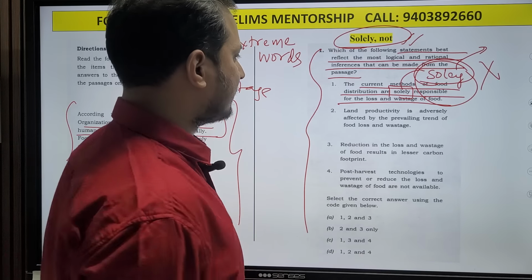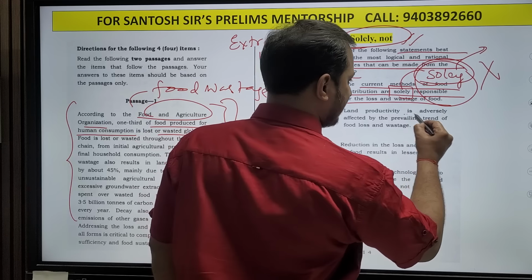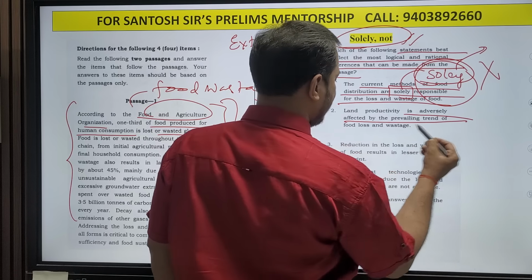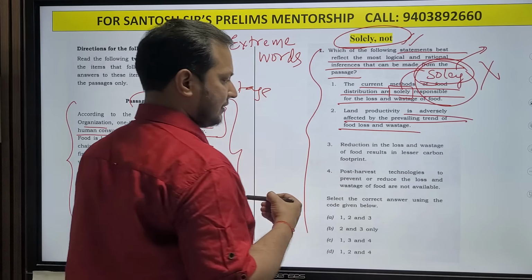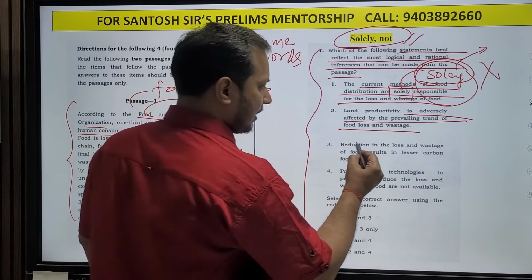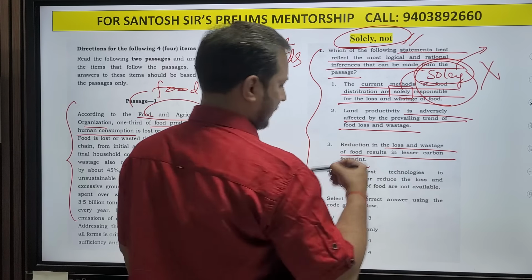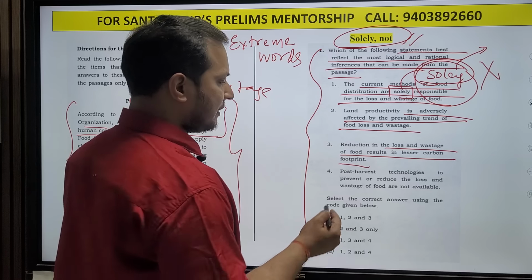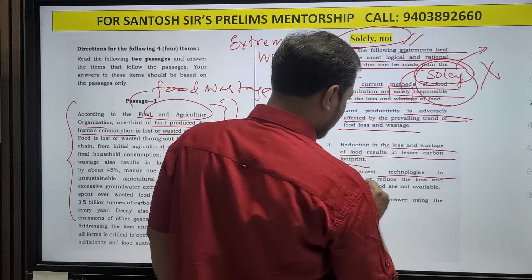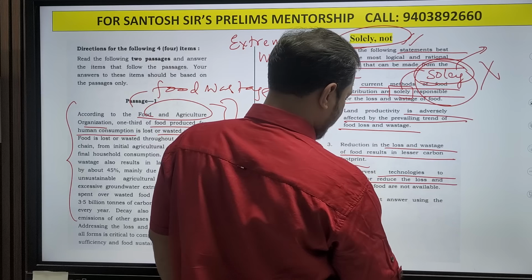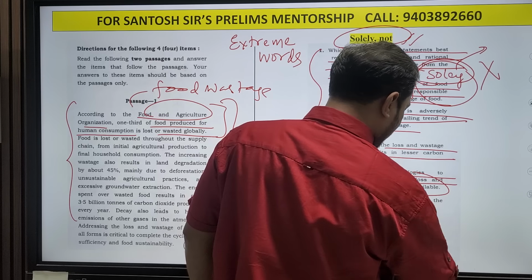Next, guys, you can see: land productivity is adversely affected by the prevailing trend of food loss and wastage. Third statement: reduction in loss and wastage of food results in a lesser carbon footprint. Next statement: post-harvest technologies to prevent or reduce the loss and wastage of food are not available.